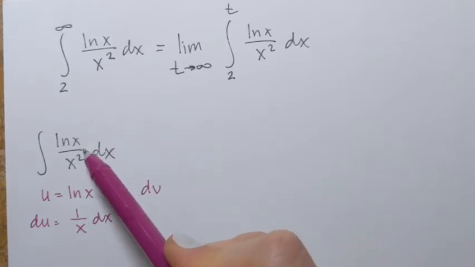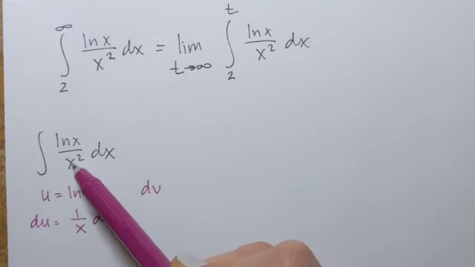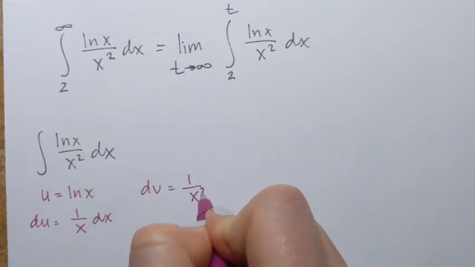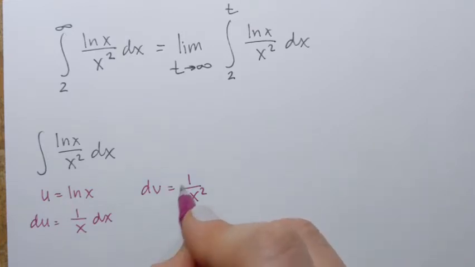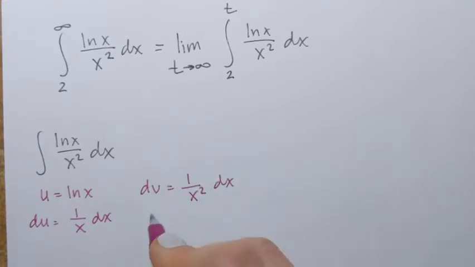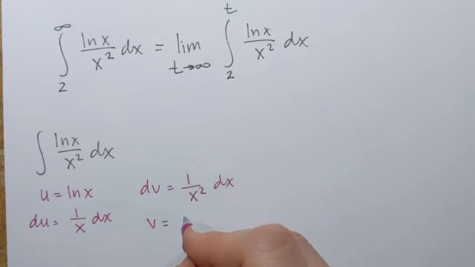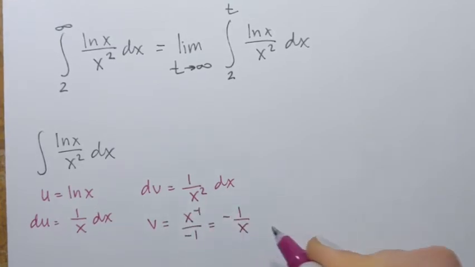The other part has x squared, but since x squared is on the bottom, it's actually 1 over x squared dx. So that means that v is the antiderivative of that, so that's the same as x to the power negative 2. If I add 1, it's going to be x to the power negative 1 over negative 1. So that's negative 1 over x.